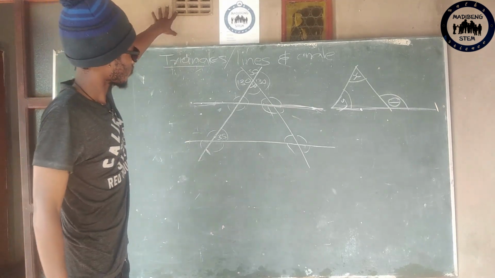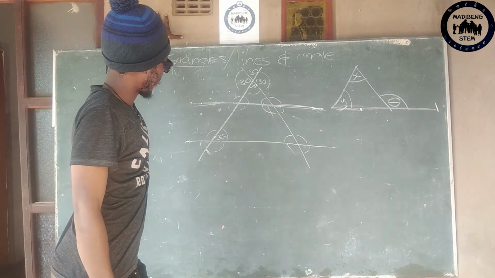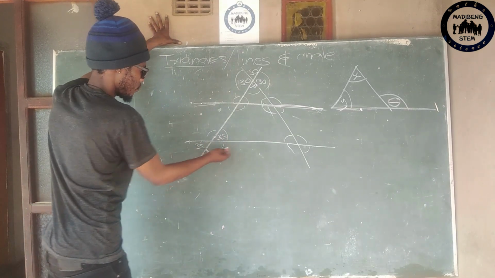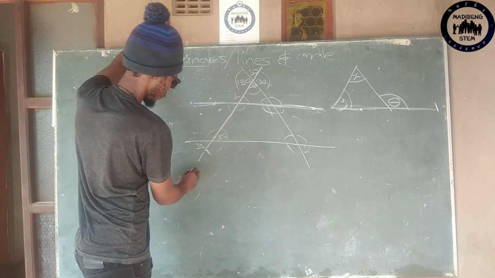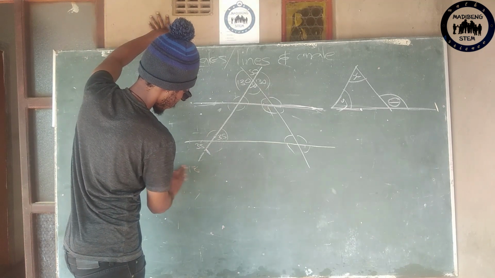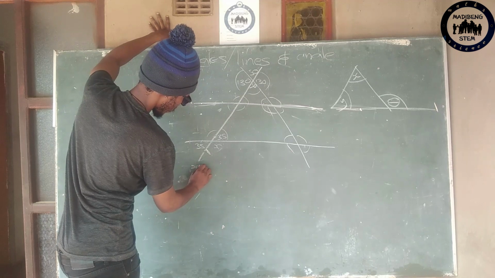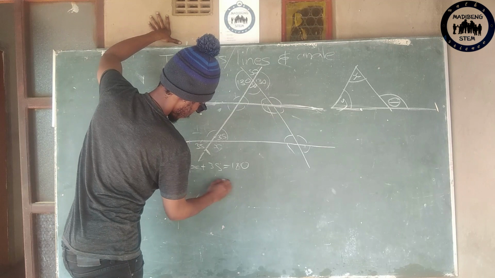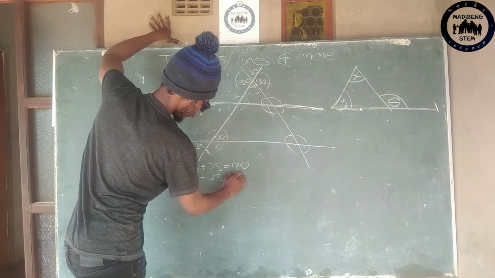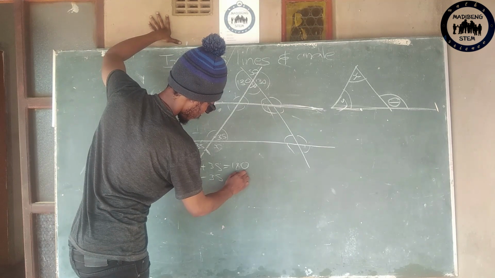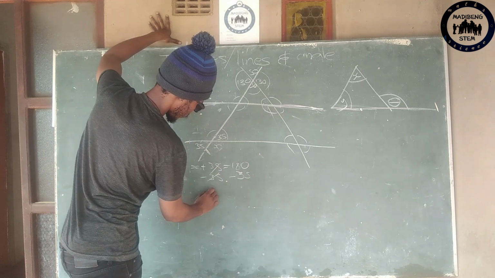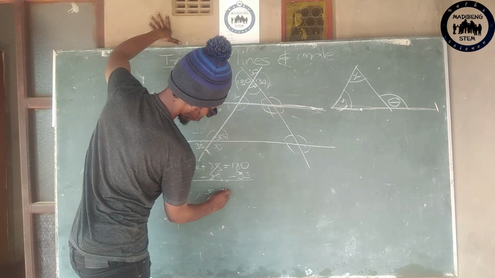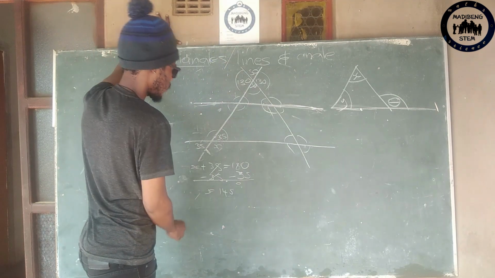So this is also 35, because vertical angles are the same. What is 180 minus 35? x plus 35 is equal to 180. So minus 35 on both sides. This is 145 degrees.